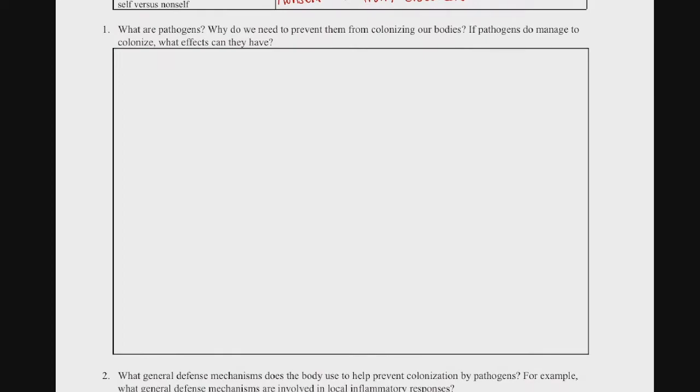So, what are pathogens, and why do we need to prevent them from colonizing our bodies? If pathogens do manage to colonize, what effects can they have? So, pathogen is just a fancy term for any disease-causing organism.